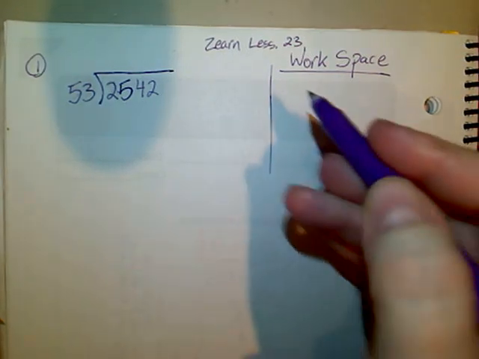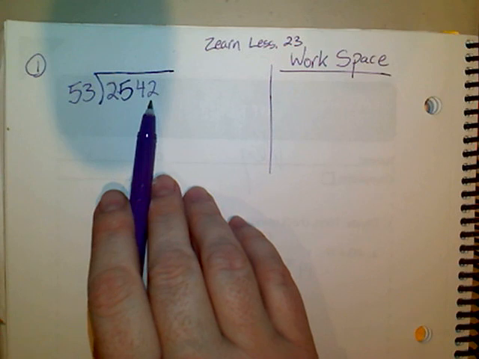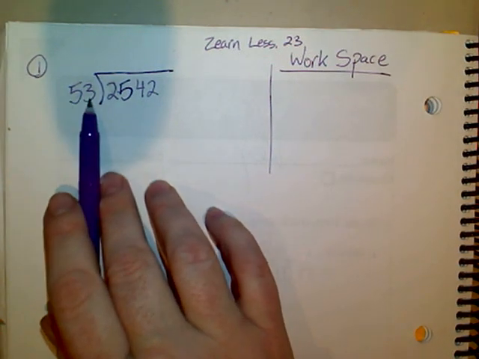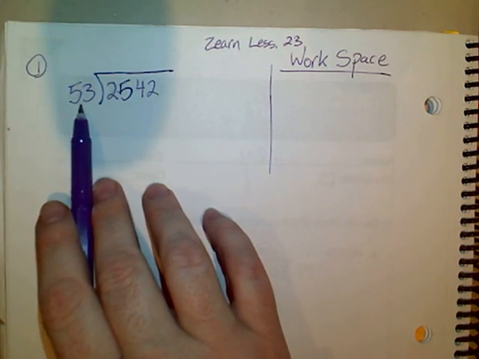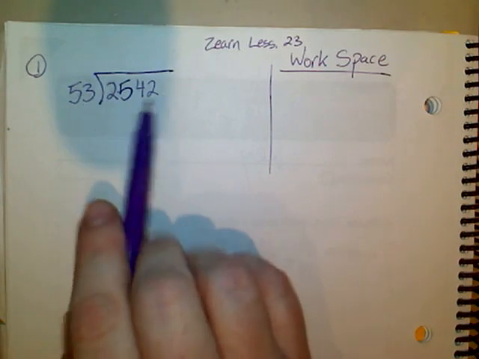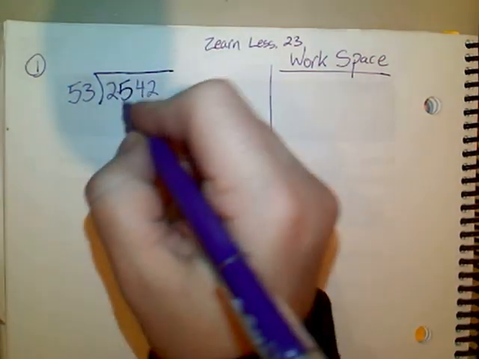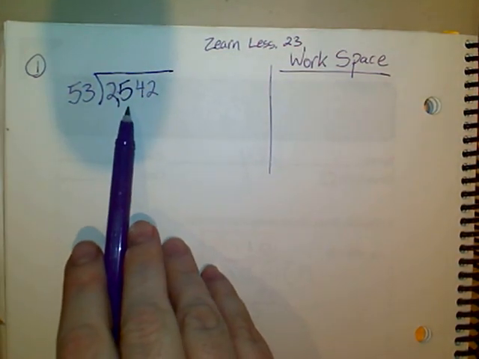Okay? All right, so we're going to go digit by digit, and we're going to remind ourselves that division is when we group things. When we're making groups, we want to make a group of 53. We want to find out how many groups of 53 we can make out of 2,542. I don't know if it helps you to visualize something.